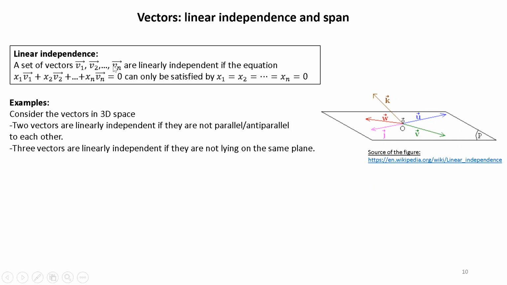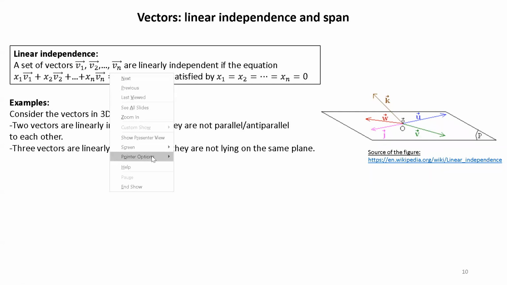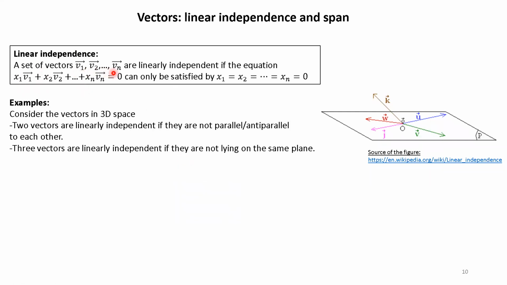And then, how do you find whether it's linearly independent? You have to consider this equation here. That means you take the first vector, give it some multiplication factor, plus the second vector, give it another multiplication factor, and so on, and then add all the n terms up.